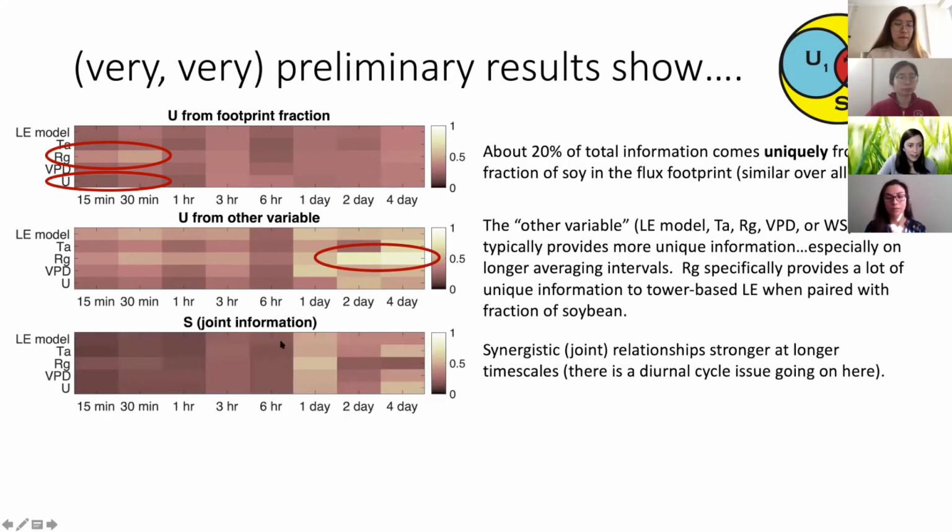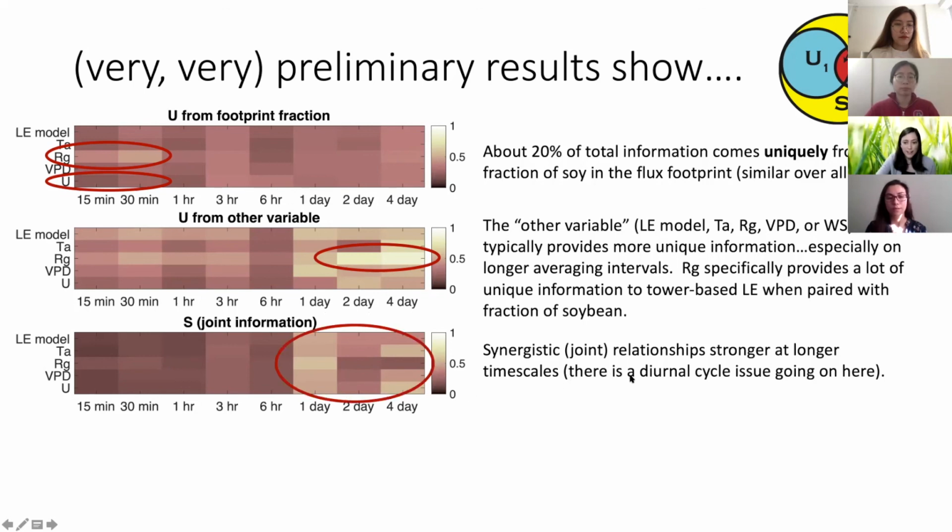So next we'll move on to synergistic information. And we see basically a pattern where synergistic or joint types of relationships, where these two variables are providing extra information about our tower measurement, it's stronger at longer timescales.